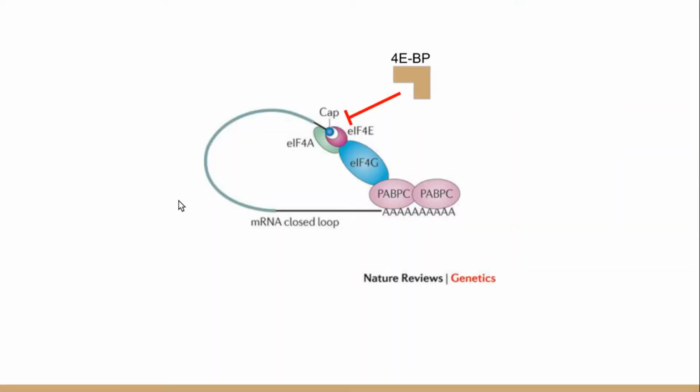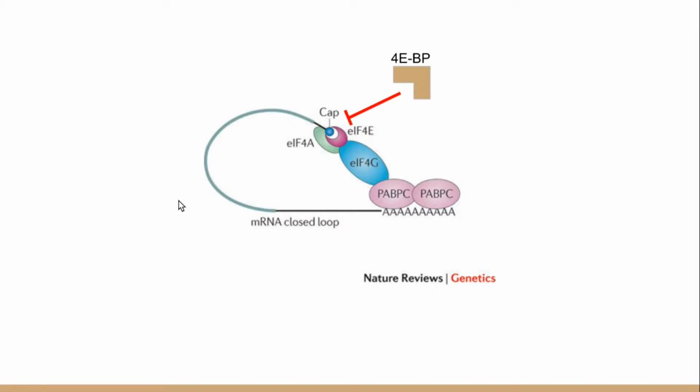Once the mRNA has been spliced, modified, and exported, it's now suitable for translation. In this graphic, we have basically the bare minimum machinery needed for translation initiation. And this is the pre-initiation complex. The process kicks off with our mRNA 5' cap and polyadenylation tail that nucleate the complex.